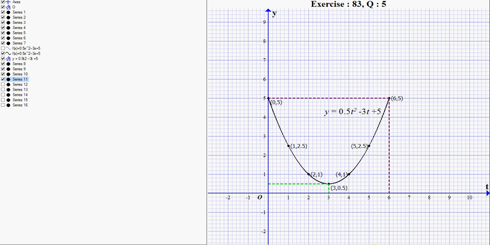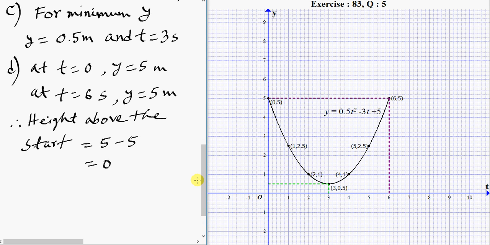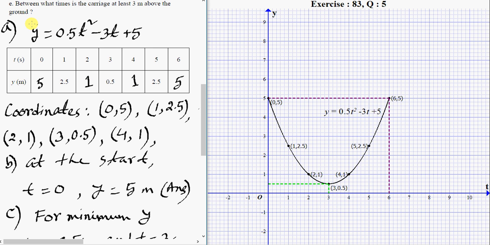Question number E, between what times is the carriage at least 3 meter above the ground?